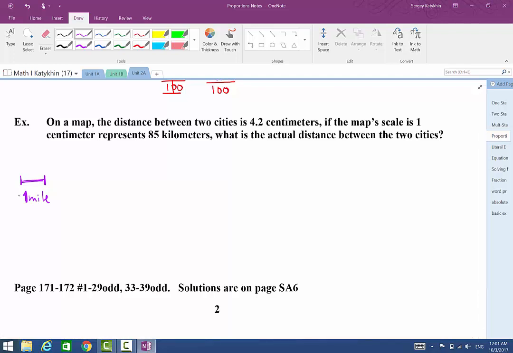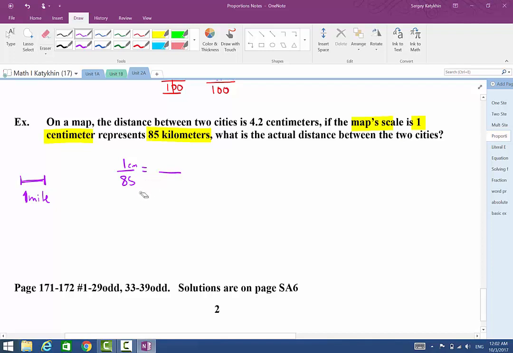In our case, the scale they tell us is that the map scale here is that 1 centimeter represents 85 kilometers. That is a comparison of two numbers, 1 to 85. That is our comparison. Now, excuse the sound, that's my dogs outside making a little bit of noise. Now, what are we comparing? Remember, this is 1 centimeter to 85 kilometers.